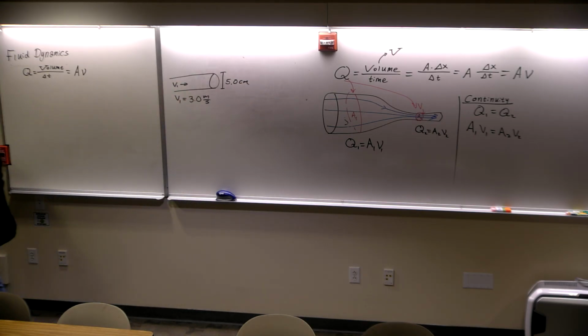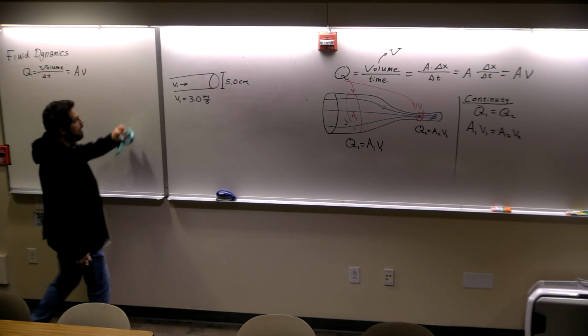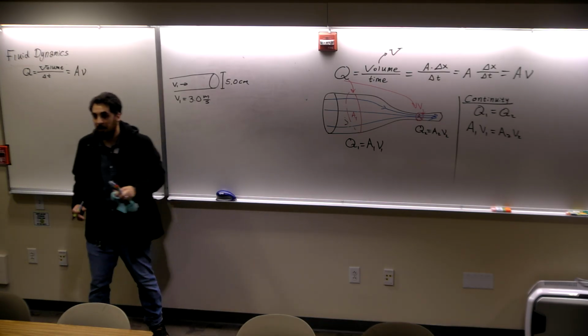And we have water coming out of the hose at 3 meters per second. So here is our hose, water exiting, and some diameter.